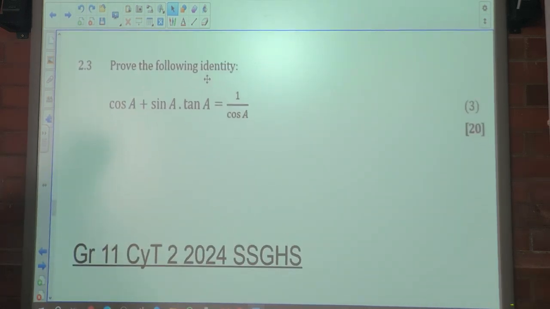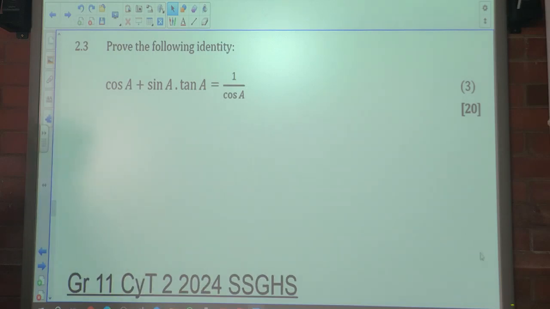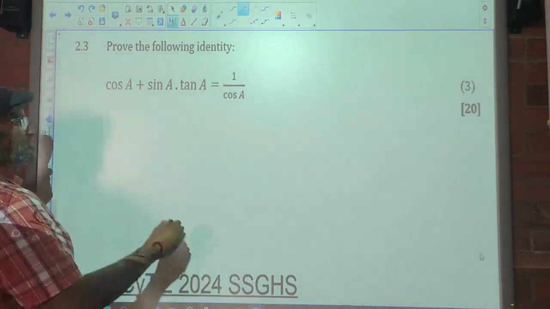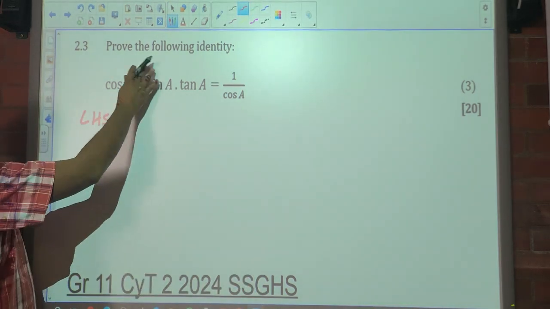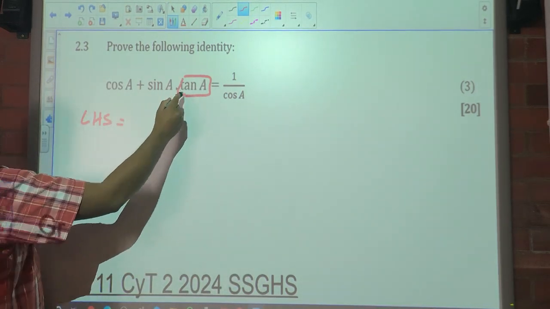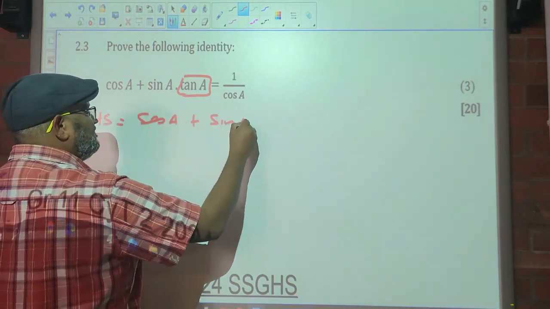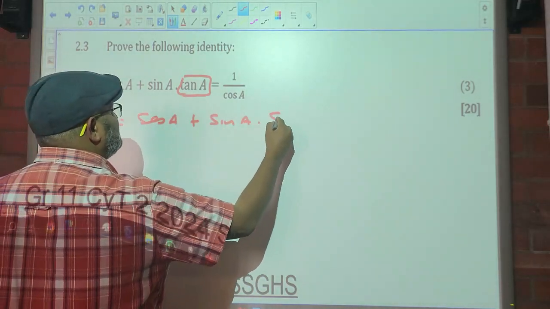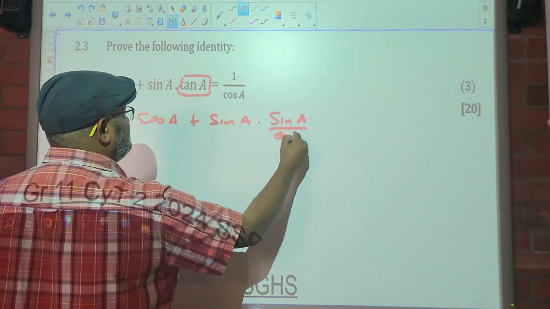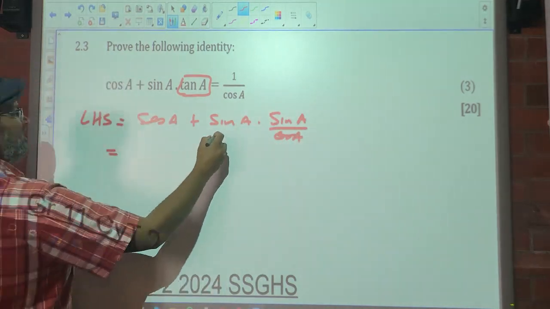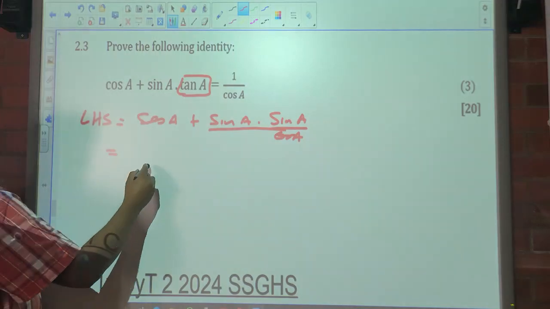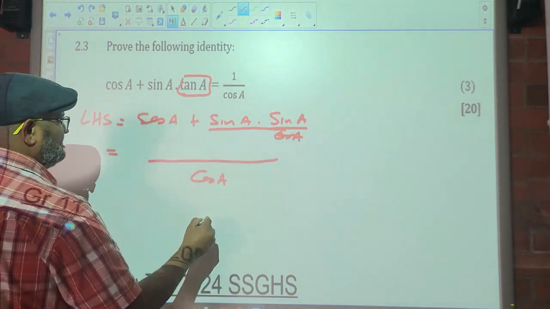Alright, let's go to the next one. Prove the following identity. So what we do here, left and right hand side. Left hand side is more complex. So tan can change to sine over cos. So it's sine A times sine A over cos A. People, what's your LCM here? Cos A. This was an easy one, eh?